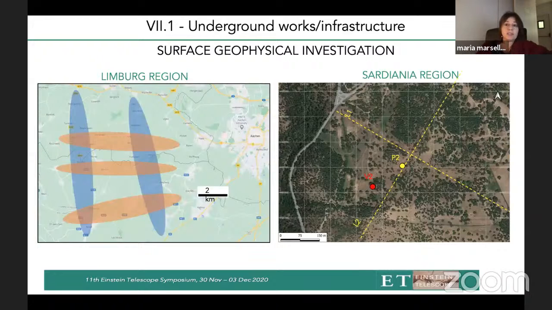In Sardinia we also have set up in January. We will start with a small size campaign around the place where we are starting to drill the borehole, but of course, in the meantime we are also preparing a general plan for a larger campaign at the site.